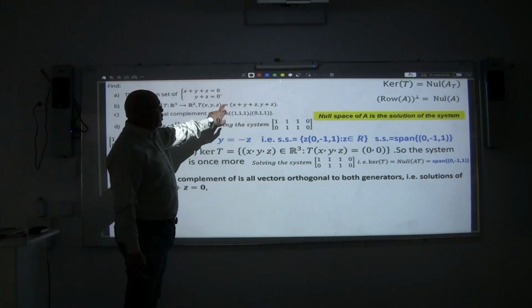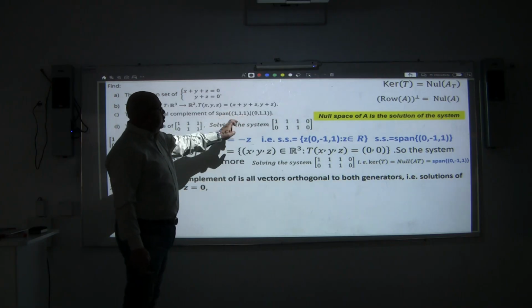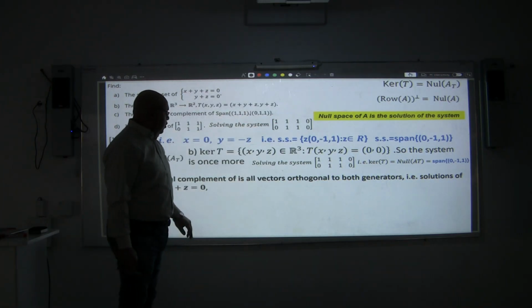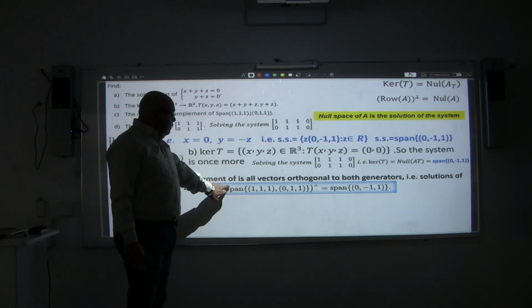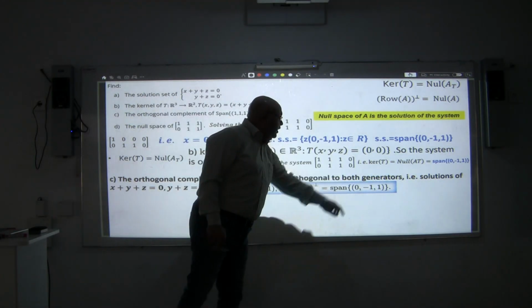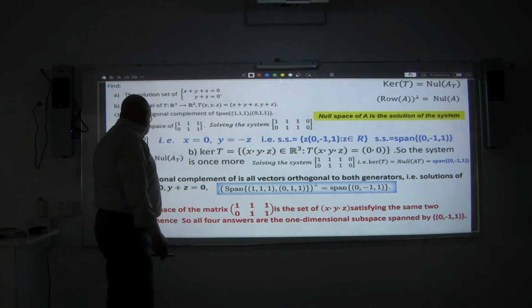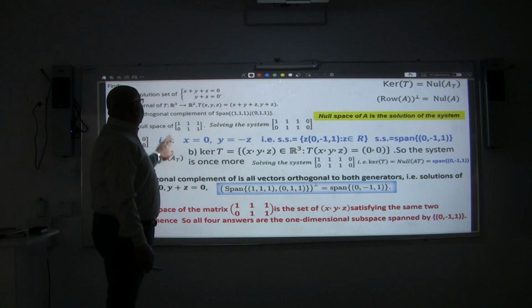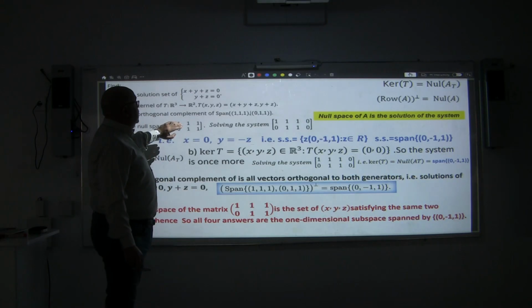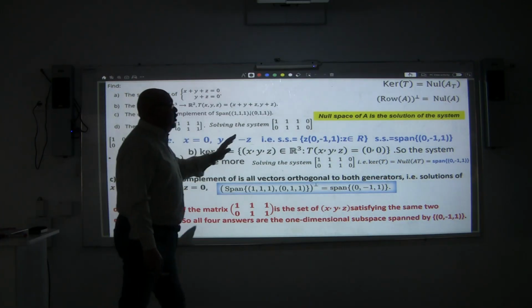Once more, multiplying x, y, and z with 1, 1, 1 and x, y, z with 0, 1, 1, equal to 0, you will have the exact same system, and the orthogonal complement of this span is 0, -1 and 1. And also the null space of the matrix 1, 1, 1 and 0, 1, 1 is exactly like all of this. So in all of these requirements, the solution is 0, -1, 1.